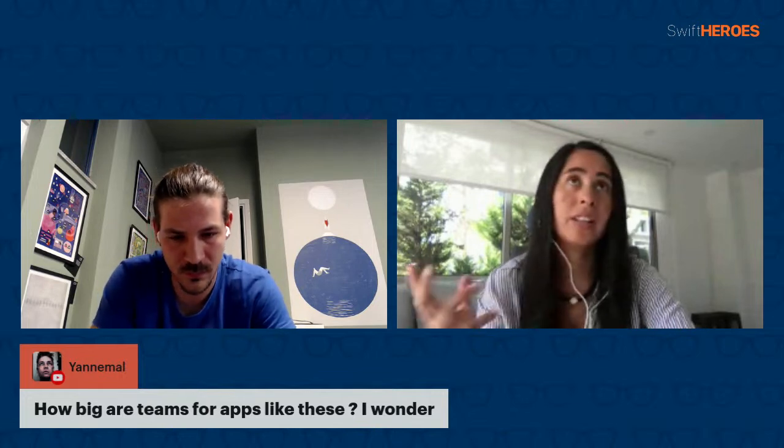There's a first one that asks, "How big are teams for apps like these?" Yeah, well, when we started as a standalone application and standalone company, just the company Zoom per se, before being bought by PayPal, we were 6 iOS engineers, maybe 6 Android engineers, and then you have the product managers and the engineering manager, and the QA team.